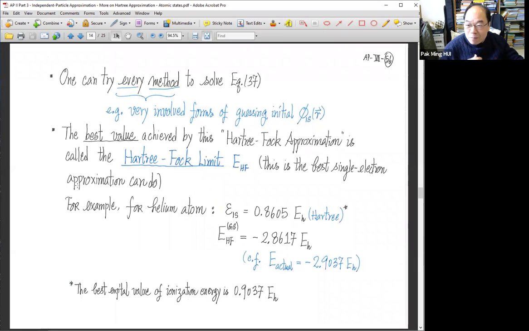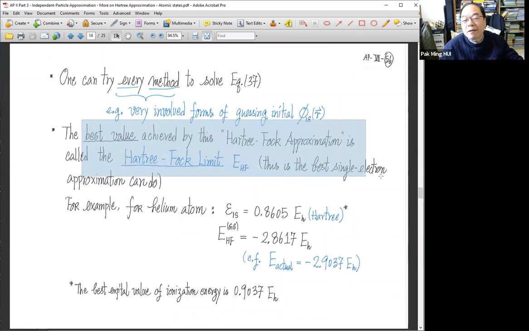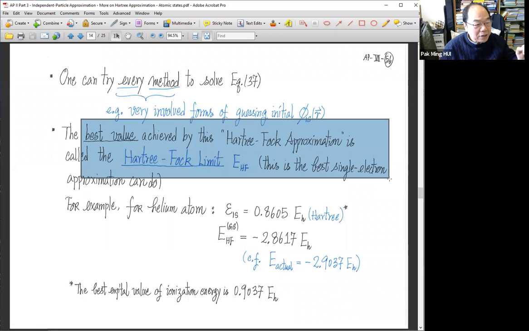One can try every method to solve this self-consistent problem. Then there will be the so-called best value within this method. That is to say, you try the most fancy wave function, okay? Many parameters to tune. That will be the best so-called Hartree-Fock limit.